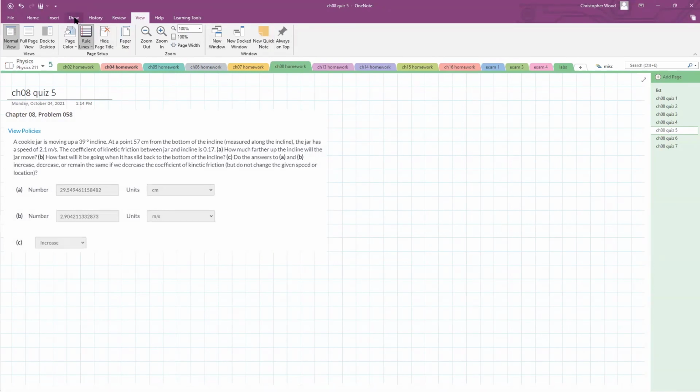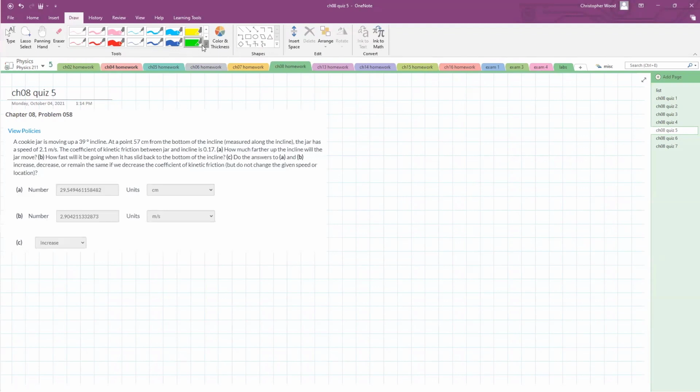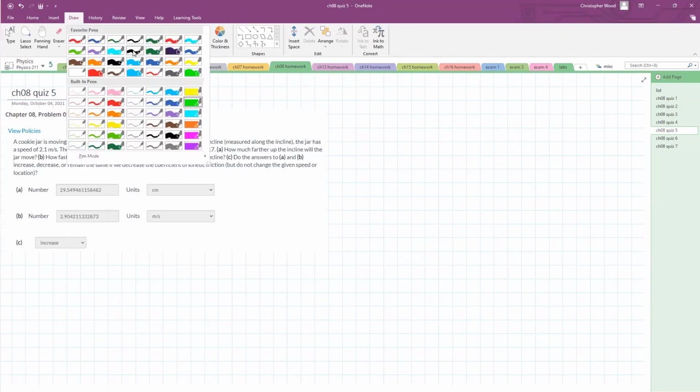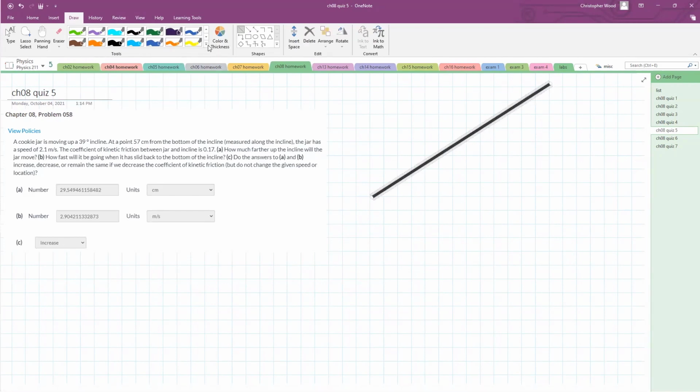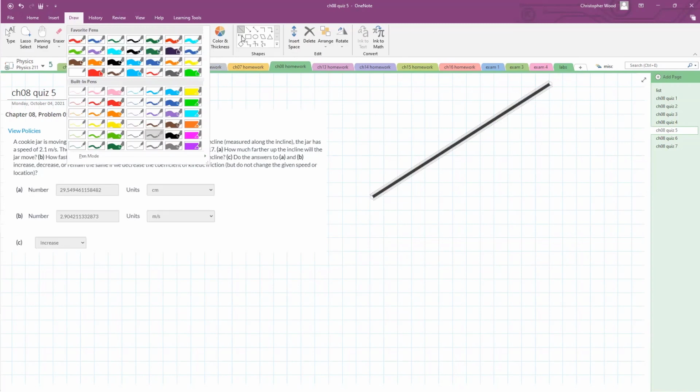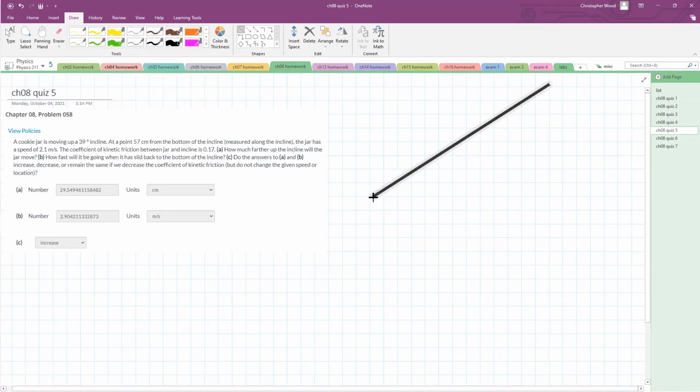So picture time. Here is an incline looking like, I guess I'll draw it over here. There's an incline. It makes an angle of 39 degrees. So let's indicate 39 degrees. Cookie jar.